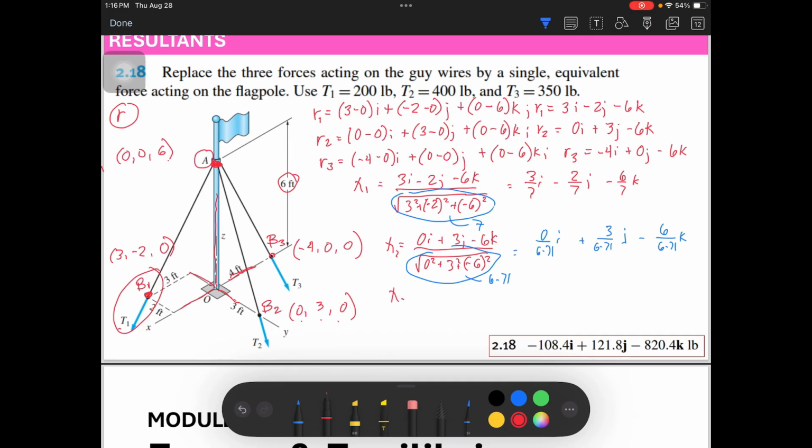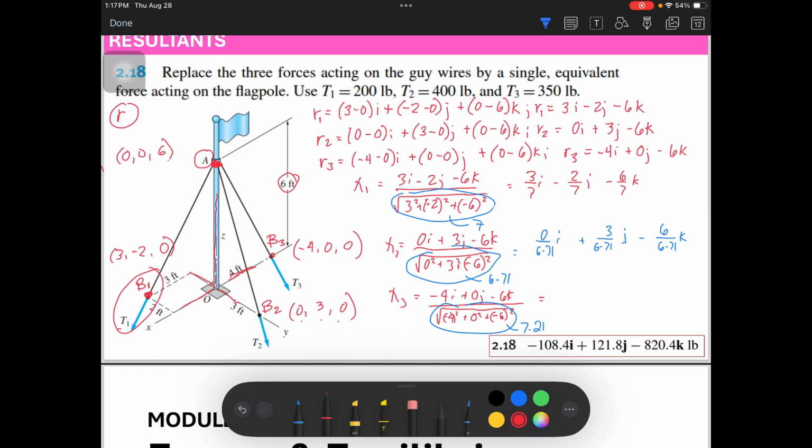And for lambda 3, the vector negative 4i plus 0j minus 6k all over the square root of negative 4 squared plus 0 squared plus negative 6 squared. So how much is this denominator? This is equal to 7.21.